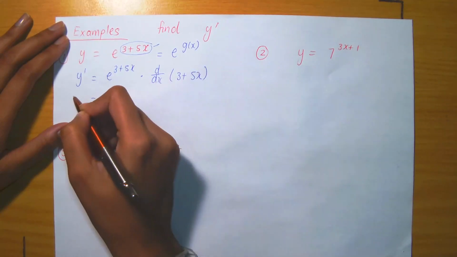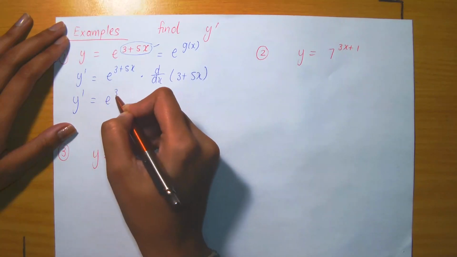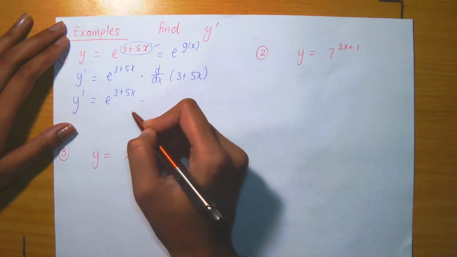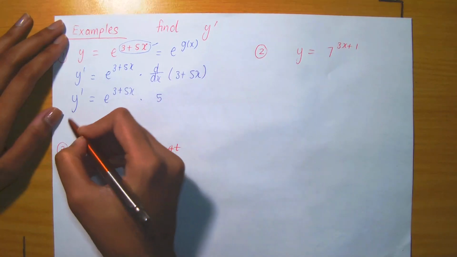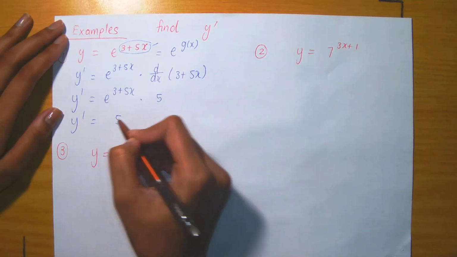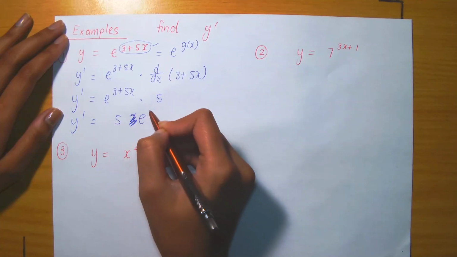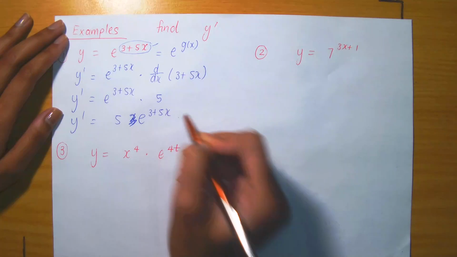And so simplifying, we have that y prime is e raised to the power 3 plus 5x times the derivative of 3 plus 5x, which is just 5. So y prime equals 5 times e raised to the power 3 plus 5x, and that's it.